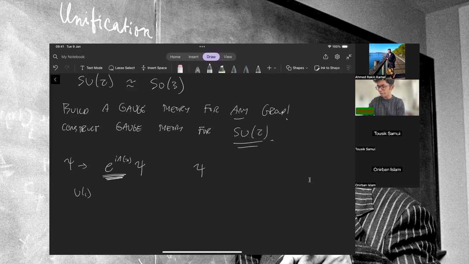Now we're going to do it for the non-abelian group. So what I'm going to demand is that psi of x be invariant under a rotation like this. I want psi of x to be invariant under some U of x multiplying psi, where this U of x is some SU2 element which depends on space.